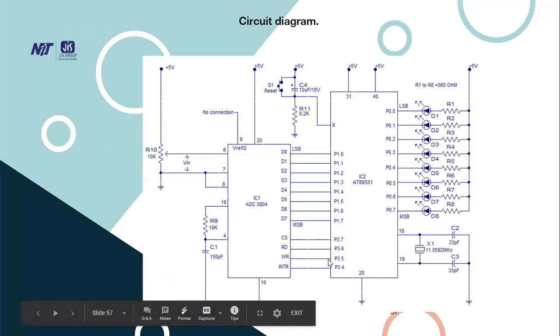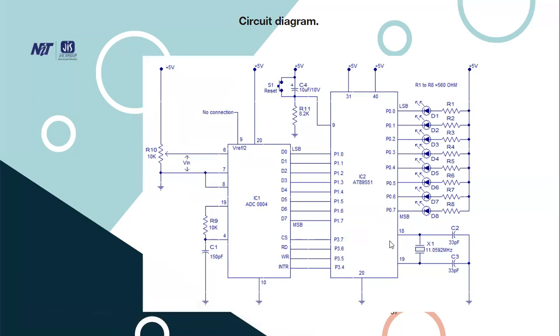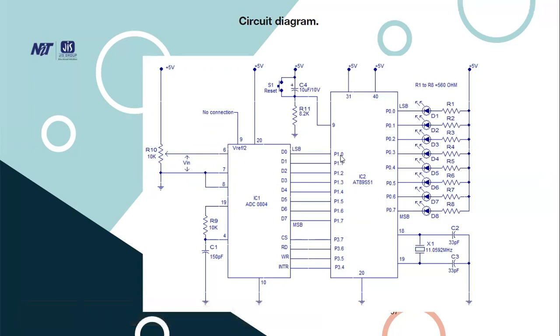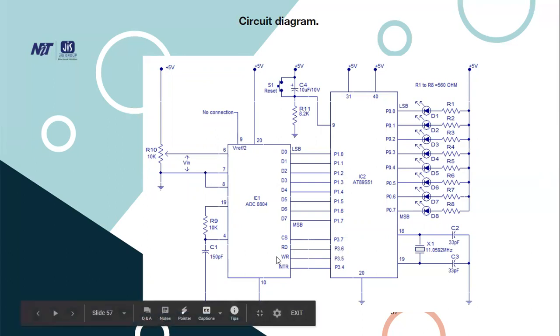So this is the circuit diagram, how it is interfaced with the 8051 microcontroller. It is showing the detailed circuit diagram. Port 1, P1.0 to P1.7, is connected to the data pins. Chip select with P3.7, read with P3.6, write with P3.5, INTR with P3.4.